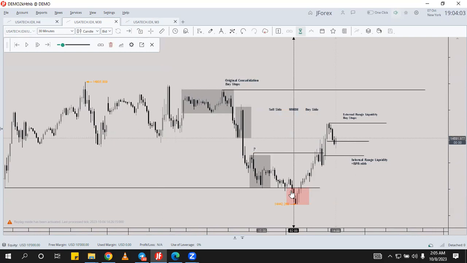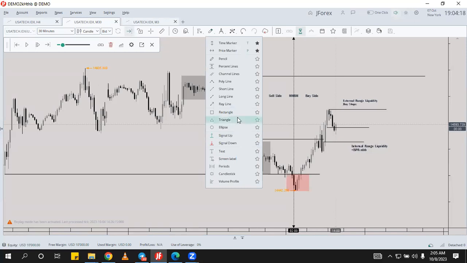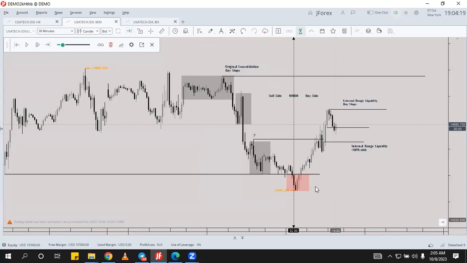So on the sell side of the curve, we're having price accumulating original consolidation. Then at the accumulation, they're basically stacking up orders. Then on the buy side of the curve, that is where we have what we call distribution, right? We have distribution on the buy side of the curve.